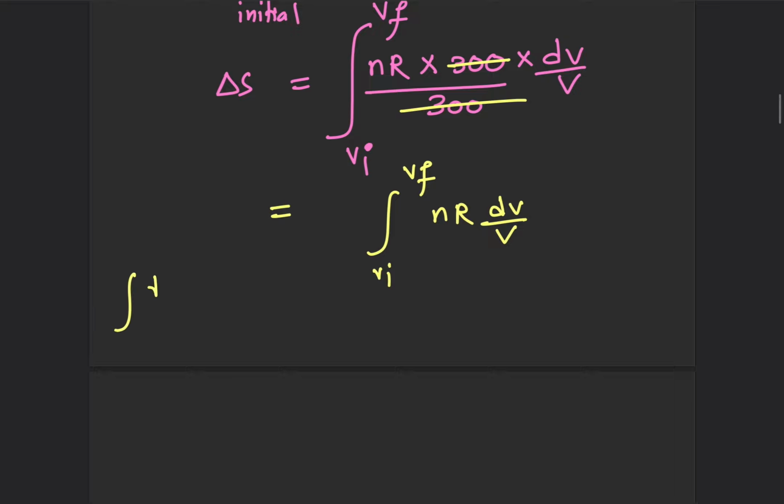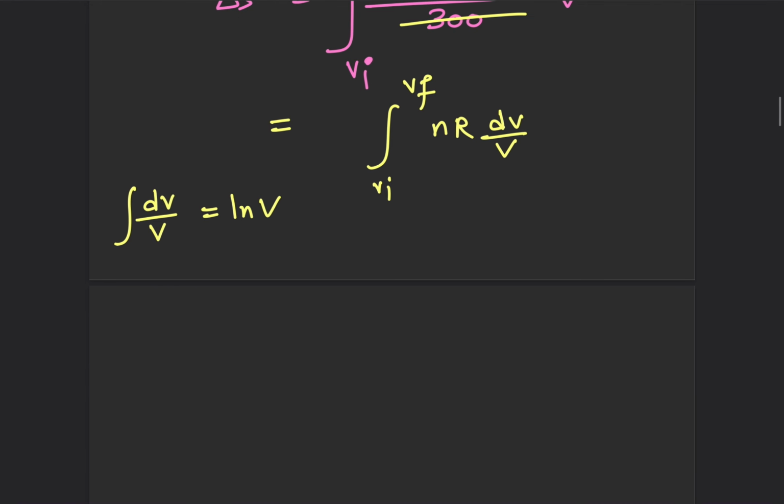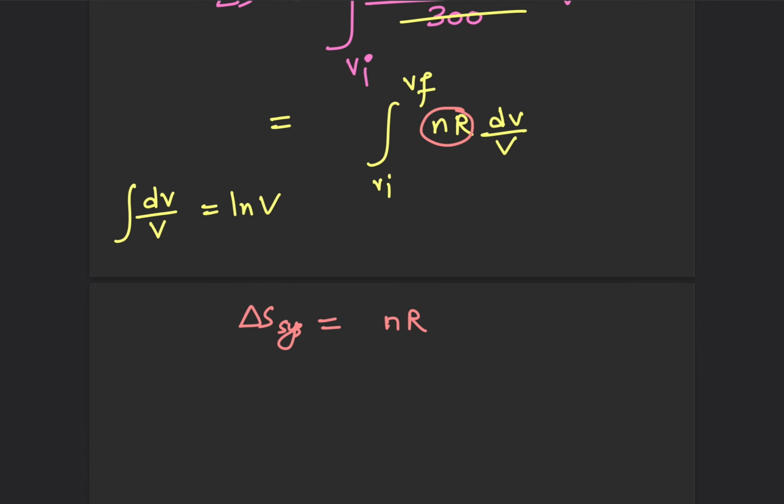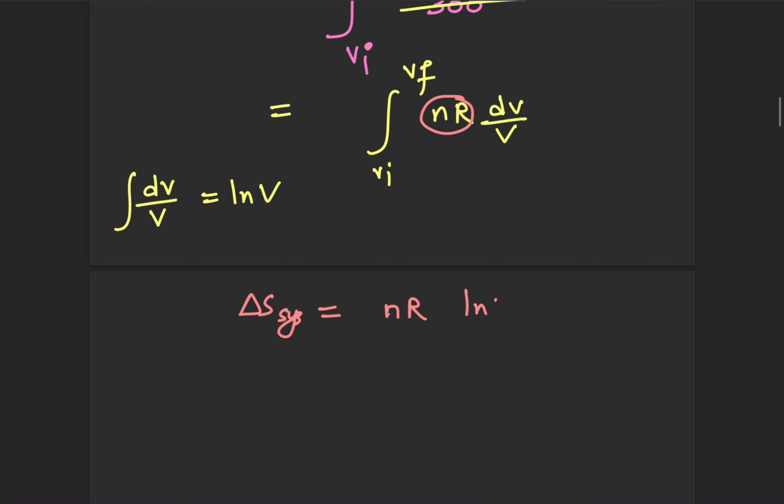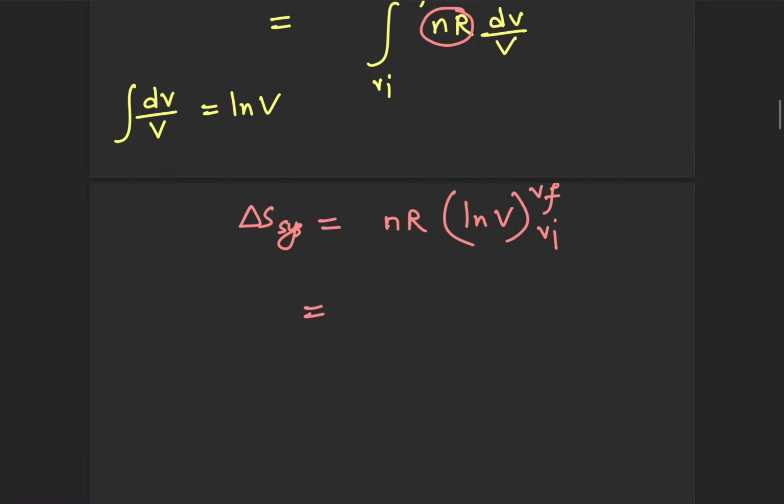Remember, integration of dV by V is equal to ln V. So I will write delta S of the system will be equal to nR, it's a constant, it comes out of the integration, ln V, and the limits are Vi, Vf. So it will become nR (ln Vf minus ln Vi).